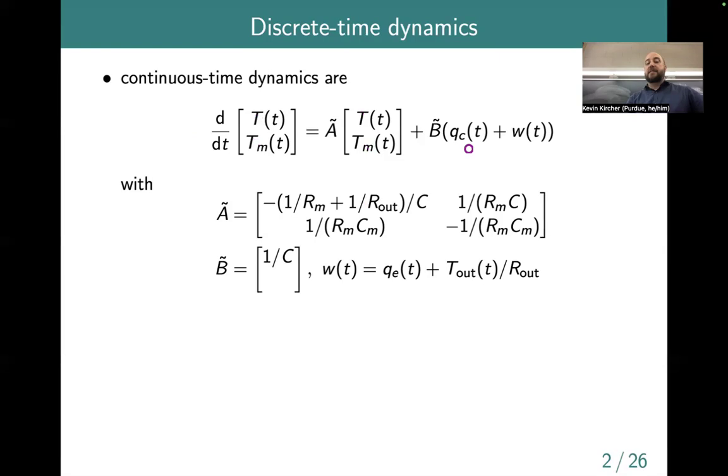One is the heat or the cooling that we deliberately deliver through the mechanical equipment, air conditioners, heaters, etc. The other is this disturbance W, which is composed of both the outdoor temperature divided by the resistance and this Q_E term, which is all the body heat, solar energy, etc.